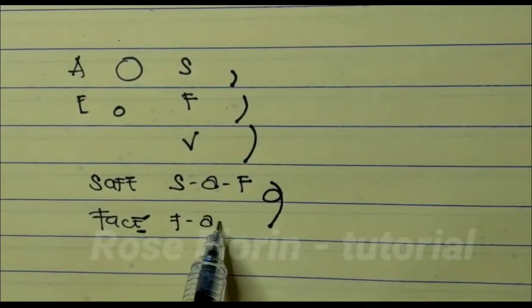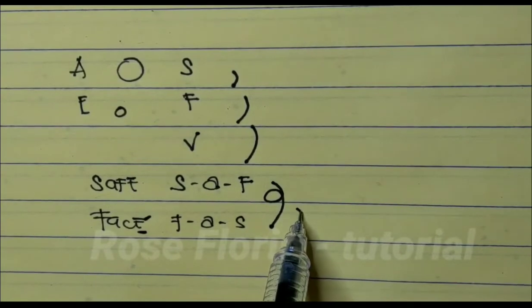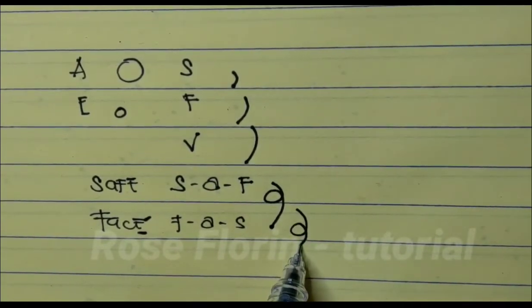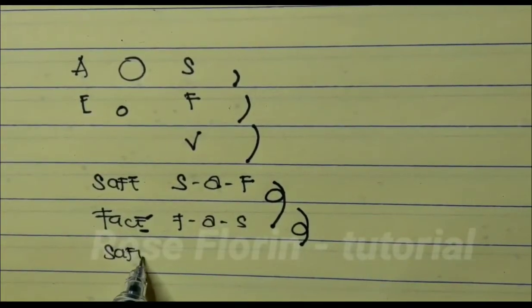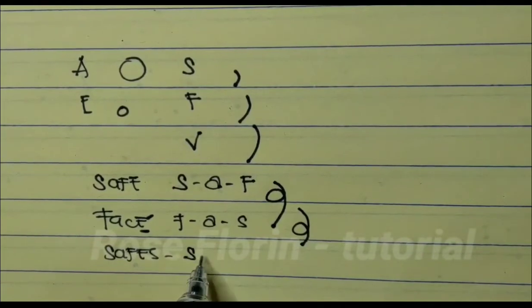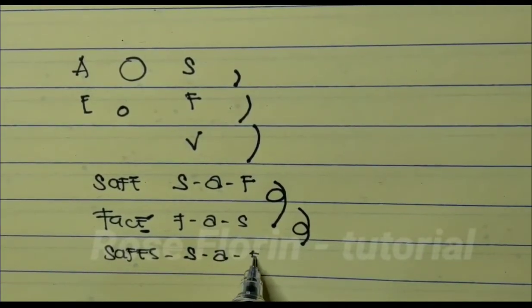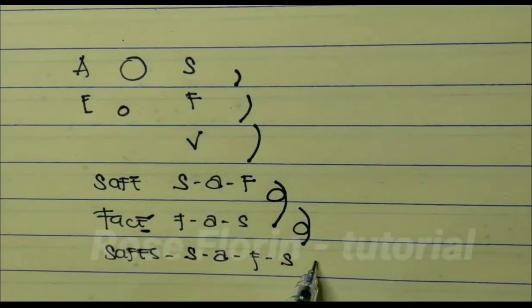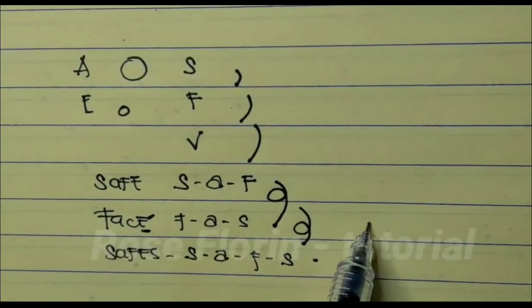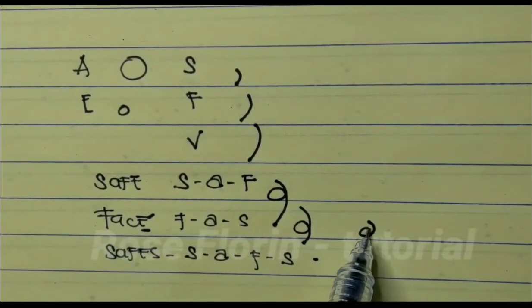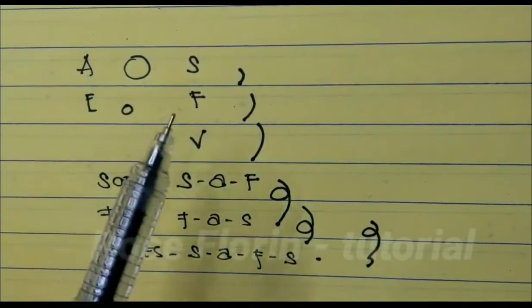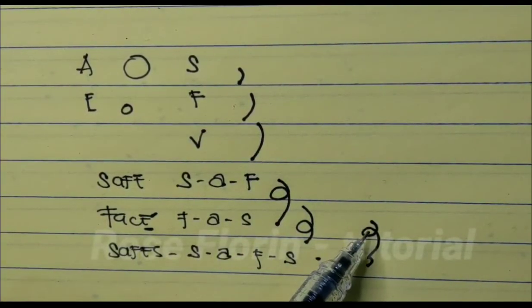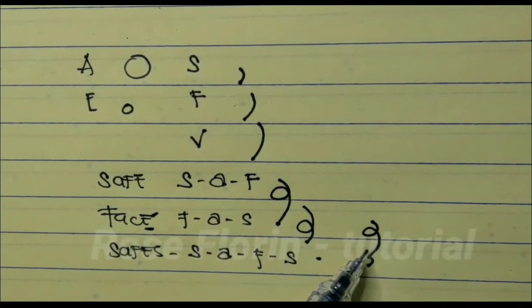F, A, S. Next, shapes. S, A, F, S. So, letter S, A, F, S. You observe the sizes of letter S and then the letter F. Okay?